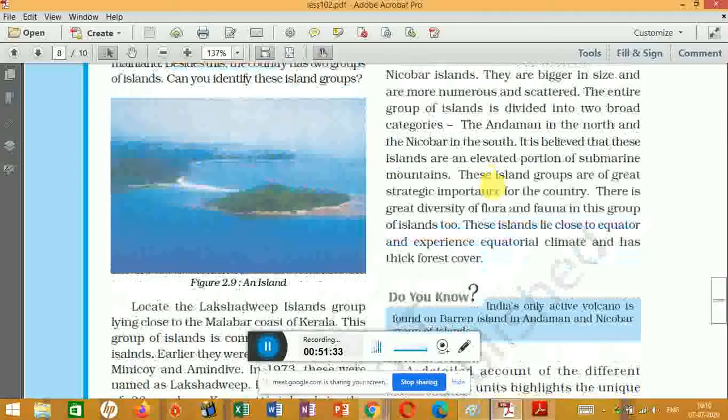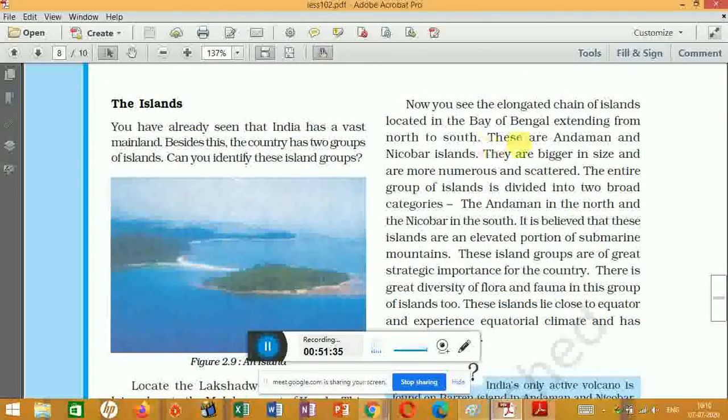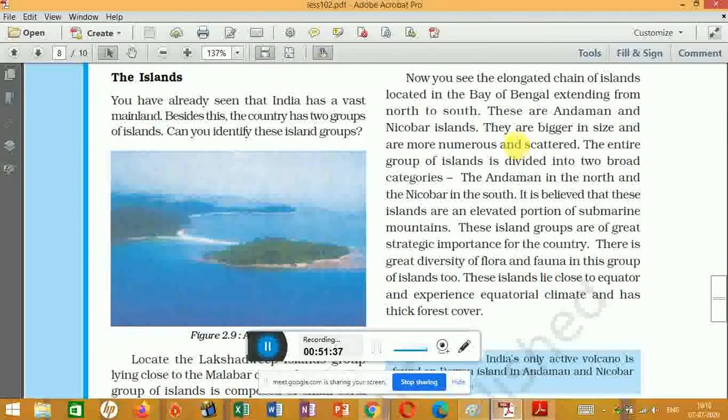And about the Andaman Nicobar Island, if we compare Andaman Nicobar Island with the Lakshadweep Islands, the Andaman Nicobar Islands are bigger in size and more numerous and scattered. Andaman Nicobar Island groups are bigger, and the number is also more.